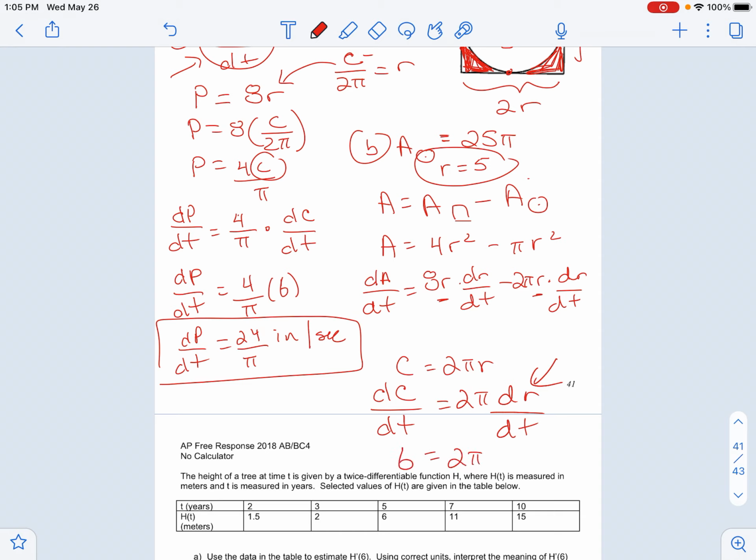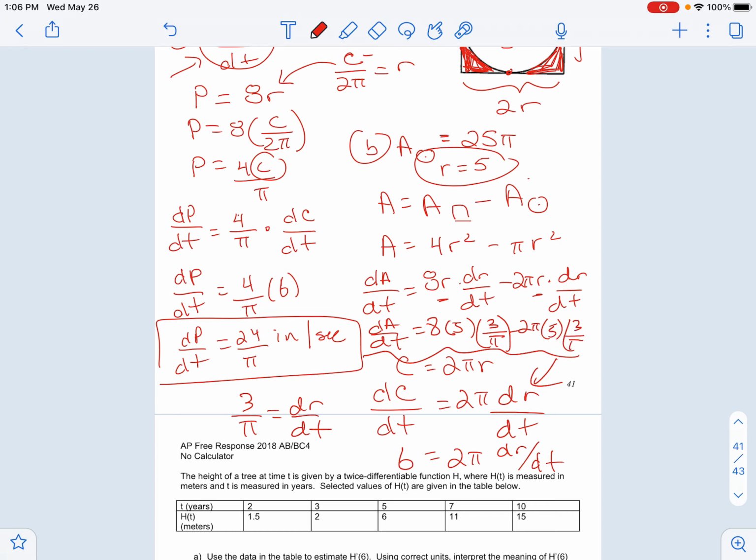So I can figure out what dr/dt is at that one moment in time. So if you solve this, we end up with dr/dt is actually 3 over π. And that's what I'm going to go ahead and plug in here. So r is 5, dr/dt is 3 over π.